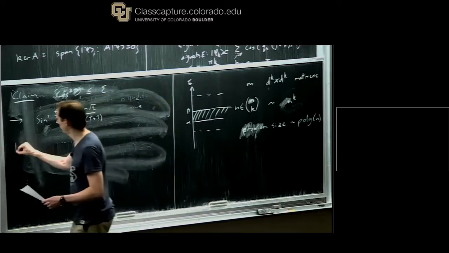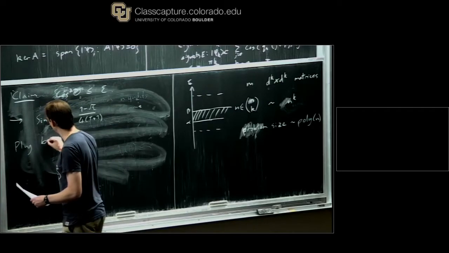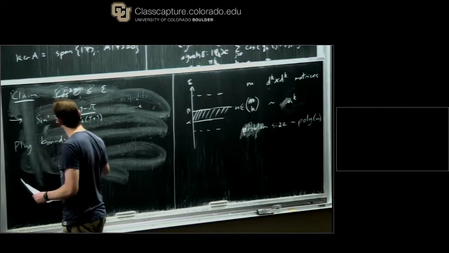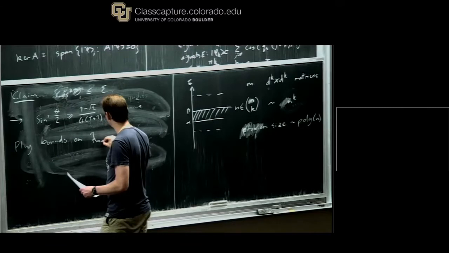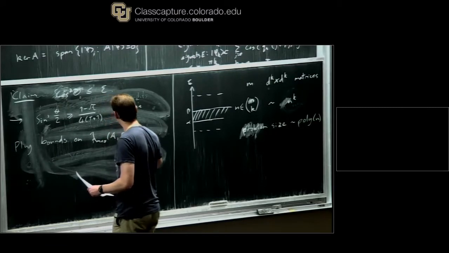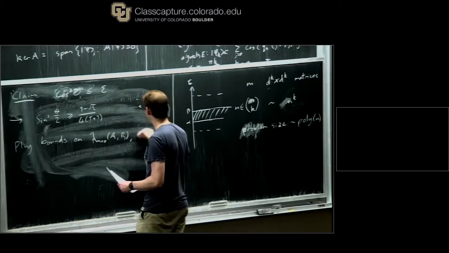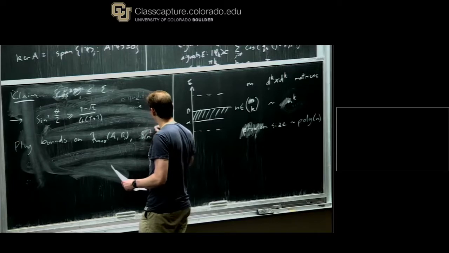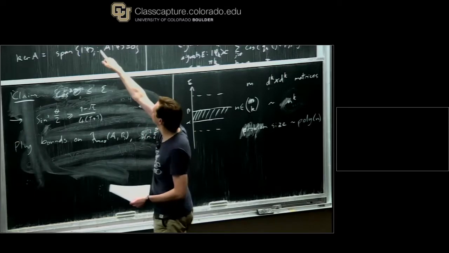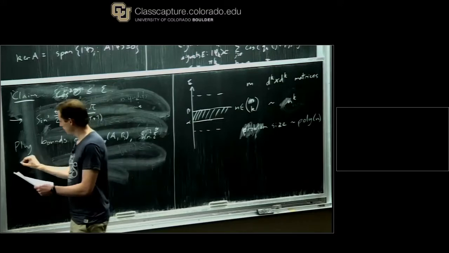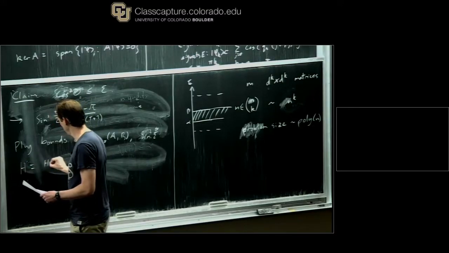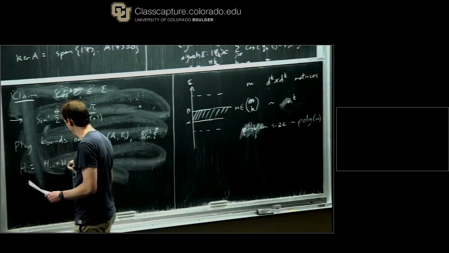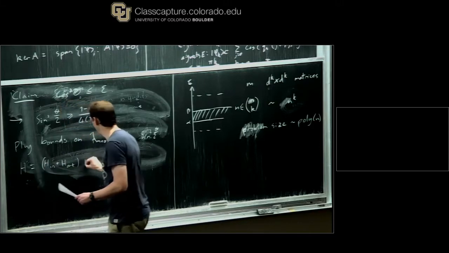Okay, so plug the bounds on the minimum non-zero eigenvalue of A and B, and the bound on sine squared theta over 2, into Kitaev's geometrical lemma, and we have that H, which is H in plus H out, that's my A part, plus H prop.